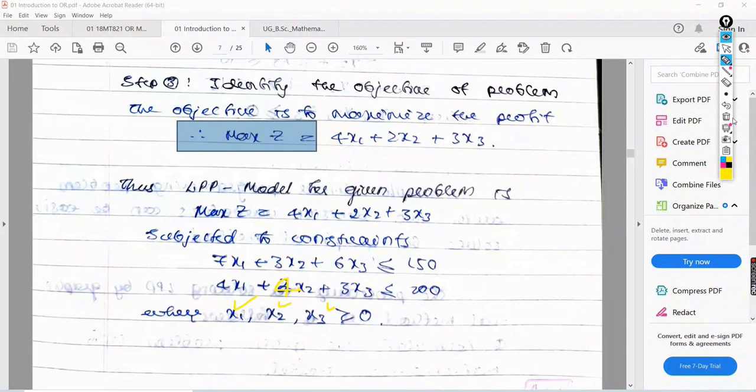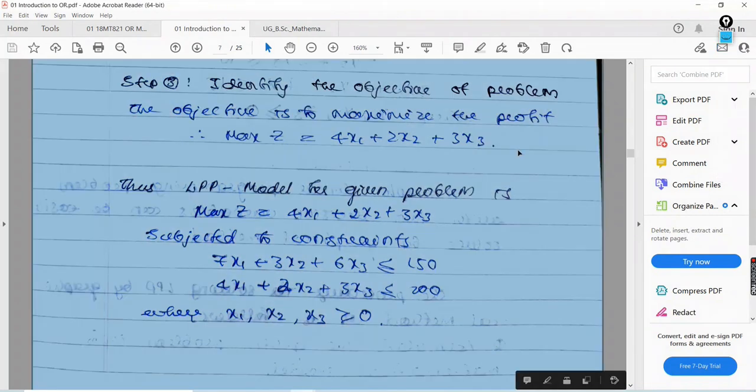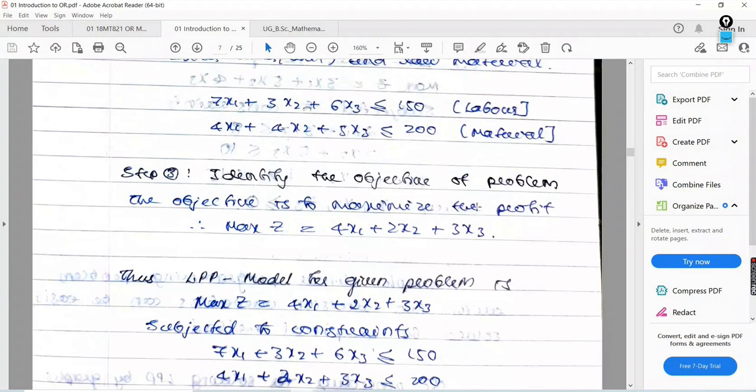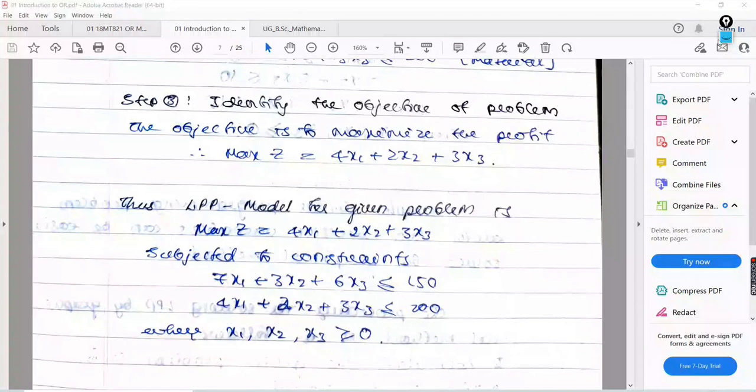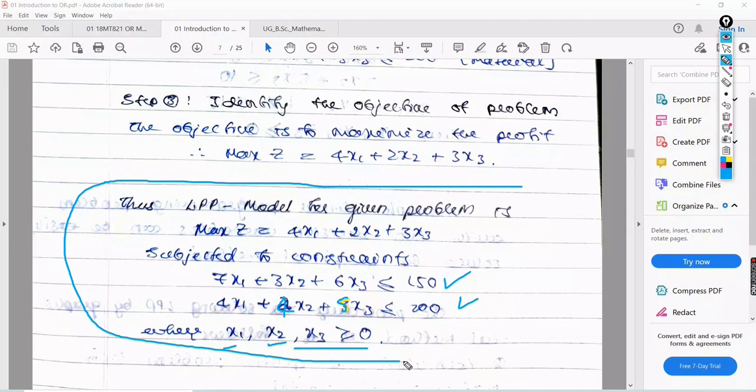Okay, these things you can concentrate on. Sorry, this is 5x3. This is 4x2, modify that. 4x1. Now it's correct. But these x1, x2 values are non-negative values. This is the modeling of linear programming problems.